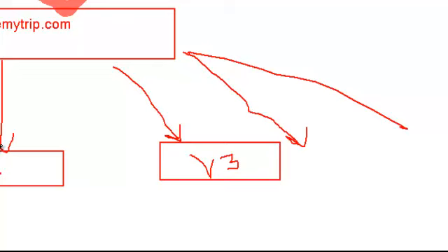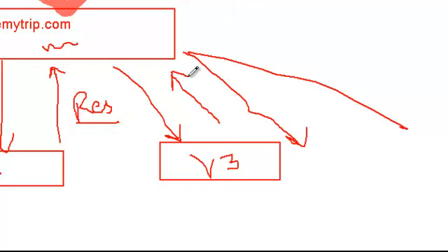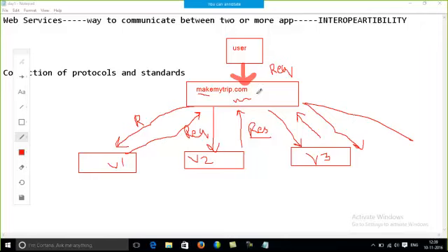These vendors which provide such facility send back a response to makemytrip.com, and makemytrip.com sends these responses back to the user. Then in the last, the user selects the response from the vendor which suits one.